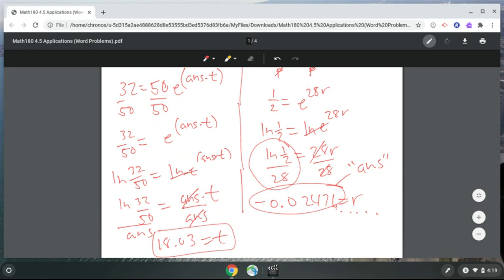But if you don't have this button to store this answer, then feel free to use this here, plug that in, the whole ln 1/2 over 28. Use that to plug in for r over here. Okay.